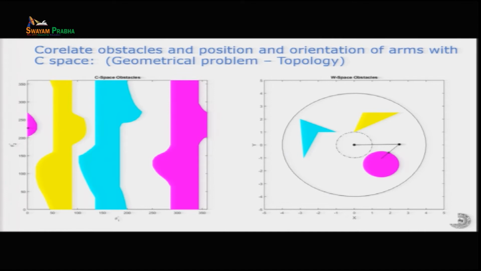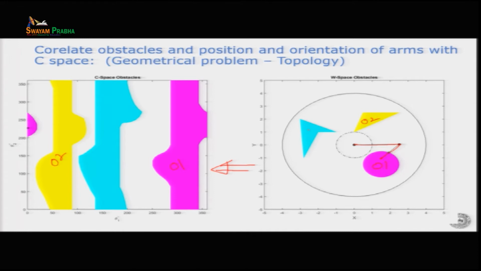Now we were trying to correlate. We said that we are going to cut the toroid and stretch it out, and it will become an xy kind of plane. So if we have a serial arm like this, where we have one arm here and another arm there, I'm going to draw the equivalency space here. This is the equivalency space. Each color represents an obstacle. So this is my O1, this is my O1, this is my O2, this is O2.